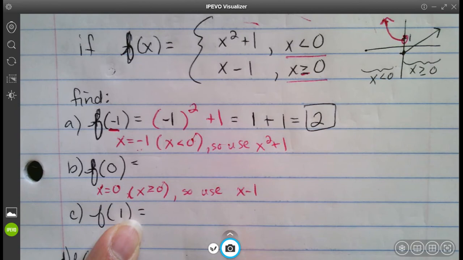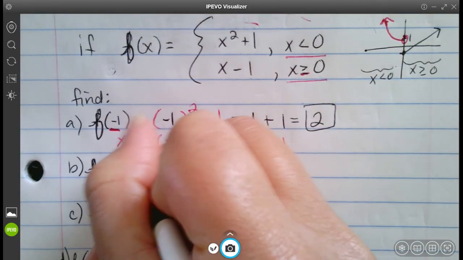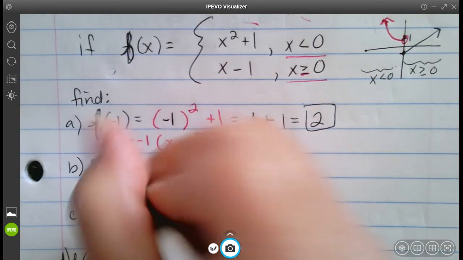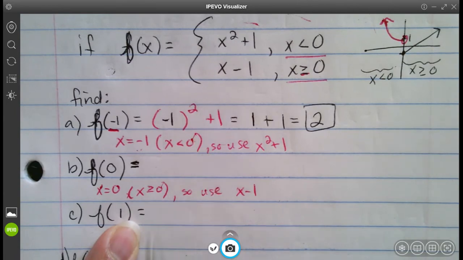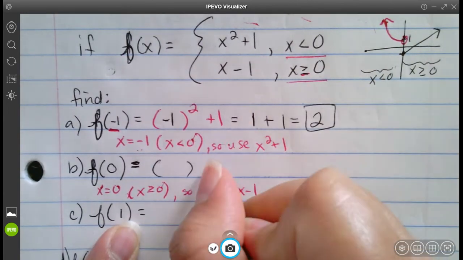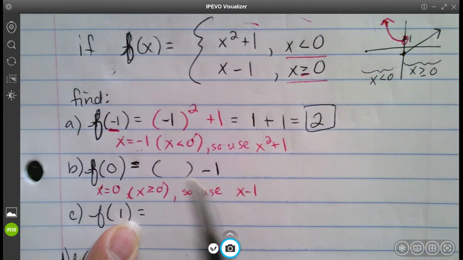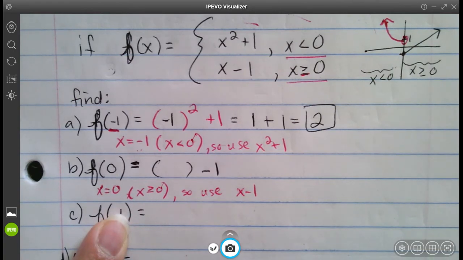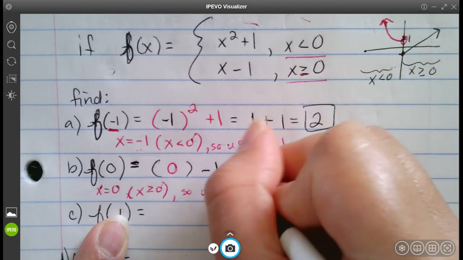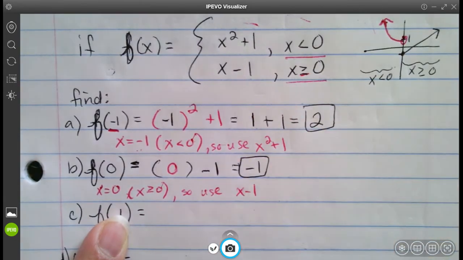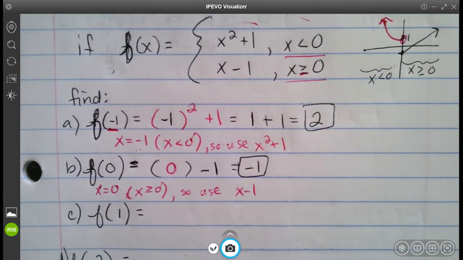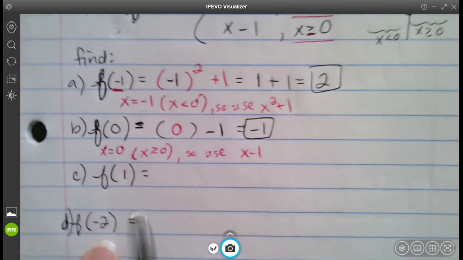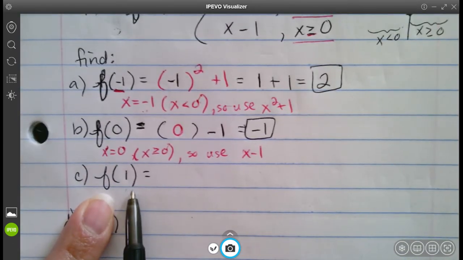I'm going to use a different color because it looks a little bit too much pink for me right now. So right here, I'm going to go ahead and use that one. So I have parentheses minus 1, and I'm going to go ahead and put that 0 in there. 0 minus 1 is just equal to -1. Two more, f of 1. So we're going to do the same thing.